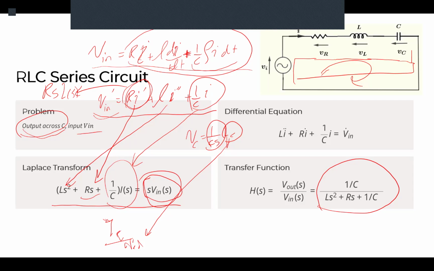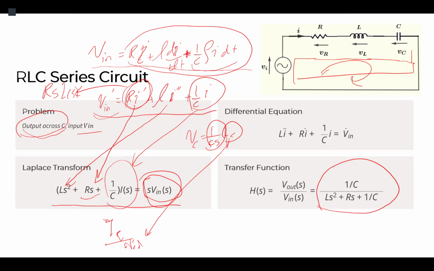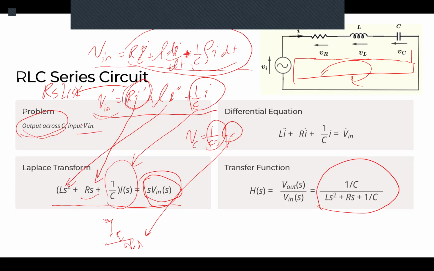But we didn't want the current to the input. We wanted the voltage across the capacitor to the voltage input. We have to replace the I with the voltage of the capacitor. Now the voltage of the capacitor is 1 over CS times I from this equation.